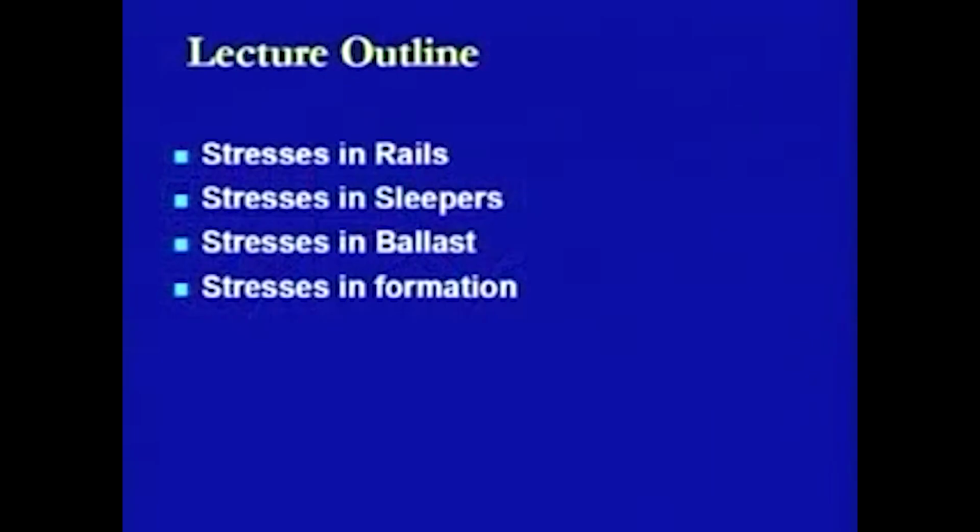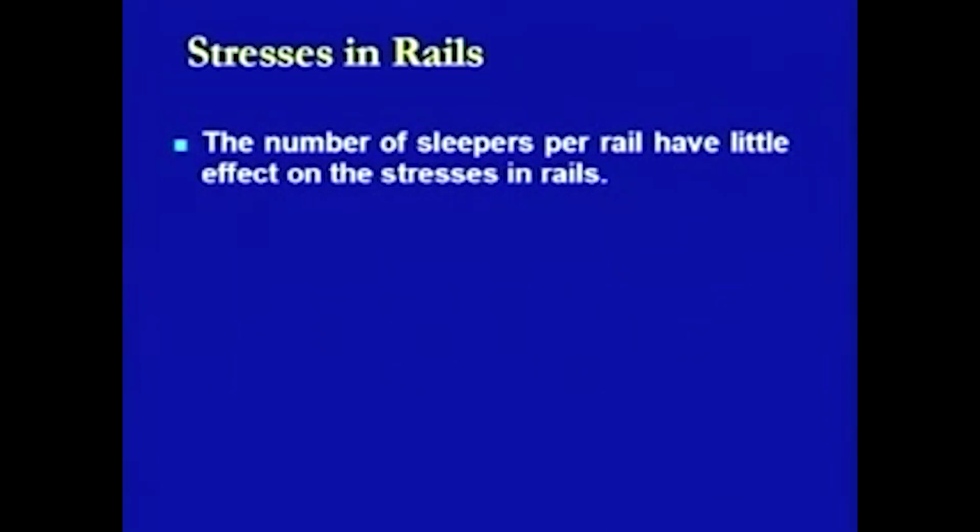Now, we will be starting with the stresses in rails. In the case of stresses in rails, the very first thing is that there are a number of sleepers provided below every rail length, and as defined previously when we discussed the specifications of any permanent way, this is called sleeper density. It is observed that this sleeper density has little effect on the stresses in rails.